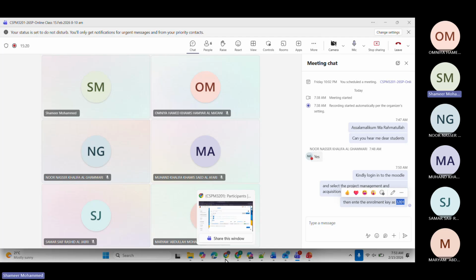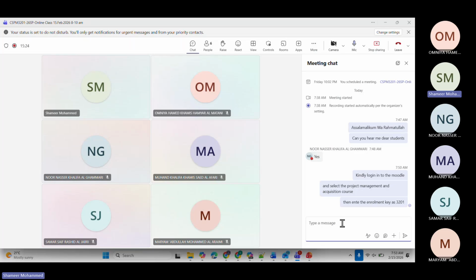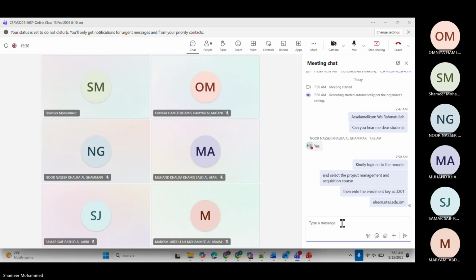Go to the Moodle by typing this one. Then type your email ID and your password to log in into Moodle. Then select the course.